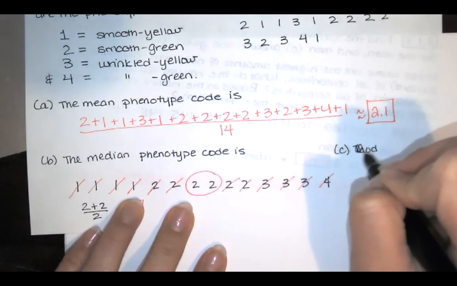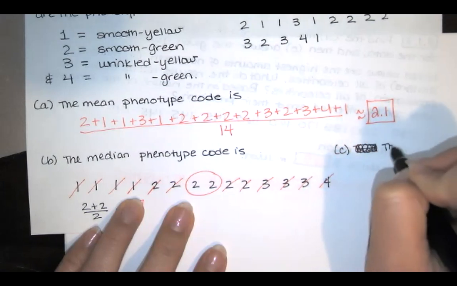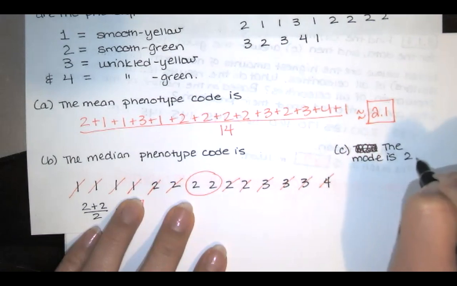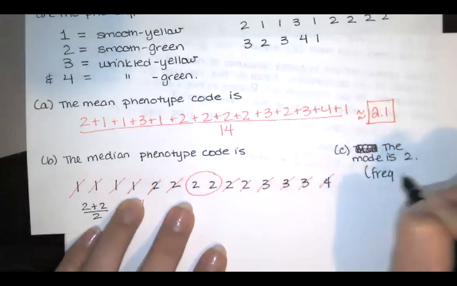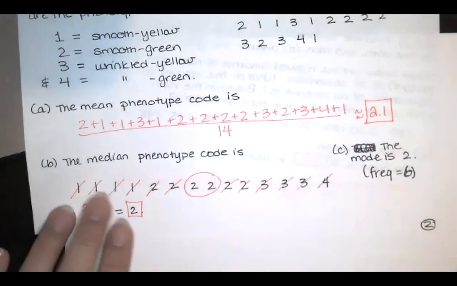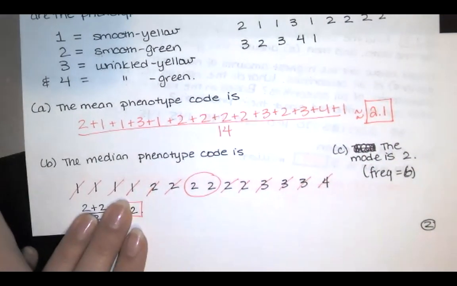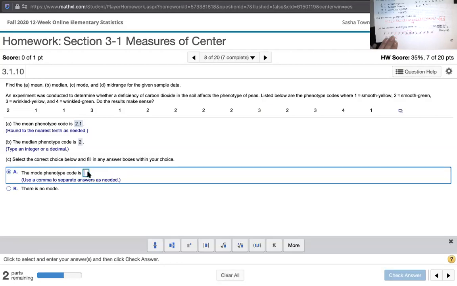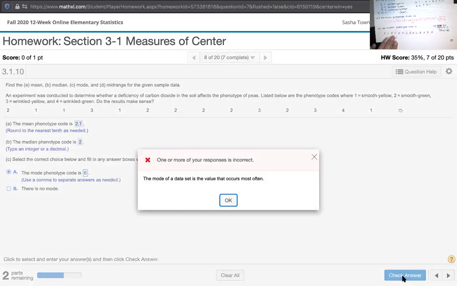Whoops, I was writing some hybrid between the median and mode for some reason. The mode is 2 because it appears with a frequency of 6, or 6 2s. Okay, let's see if my lab statistics likes that.